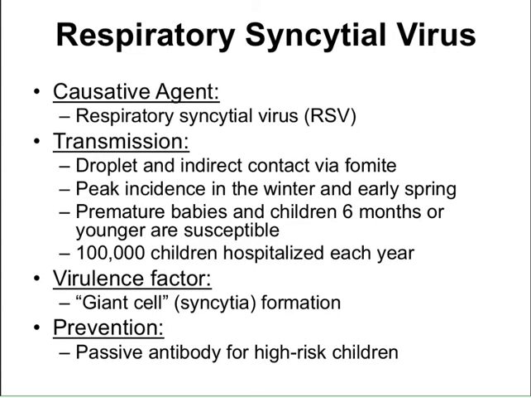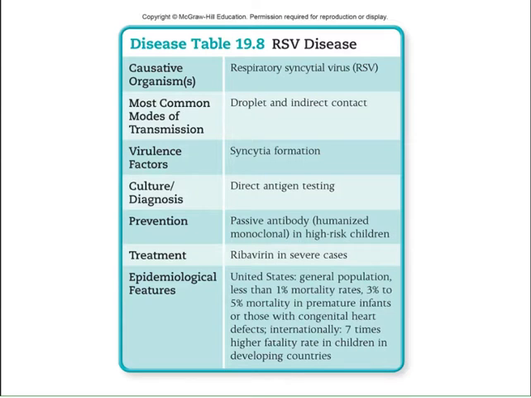There's a passive antibody for high-risk children. Adults can get this as well. You can see here prevention through passive antibody, treatment through ribavirin. Again, it's viral, and the treatment modalities as a result are rather limited.